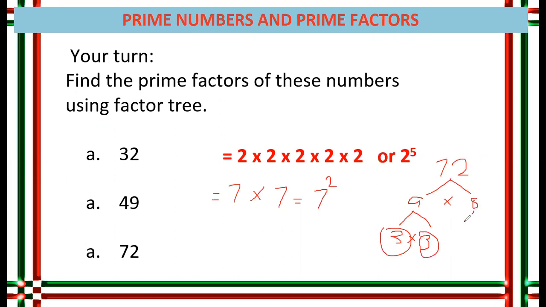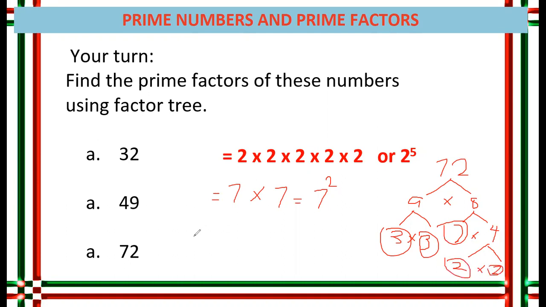And then 8 is 2 times 4. And 2 is a prime number. And then 4 is not a prime number, so don't circle it. And 4 gives us 2 times 2. And these are prime numbers.